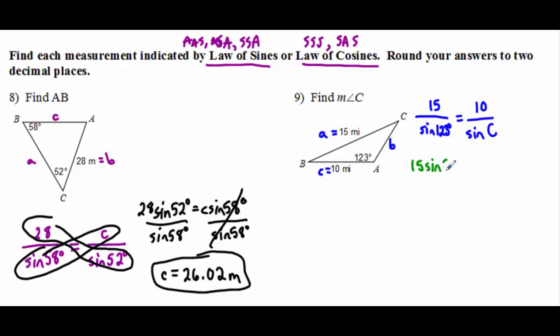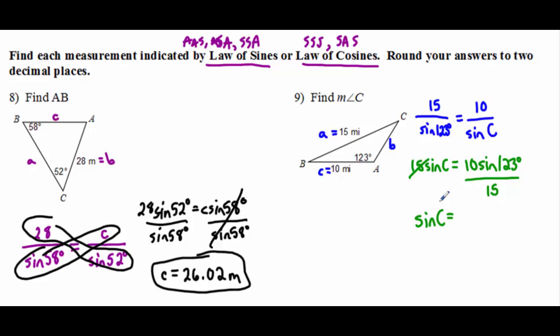So I have 15 sine C equals 10 sine 123. So I'm going to find 10 sine 123 and then divide by the 15. And when I get this answer, that's going to give me sine C. And then we'll talk about what to do with that.